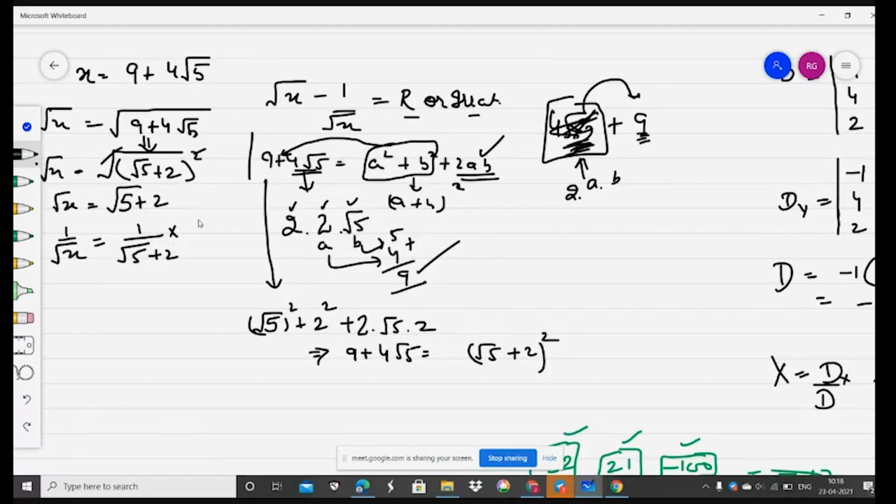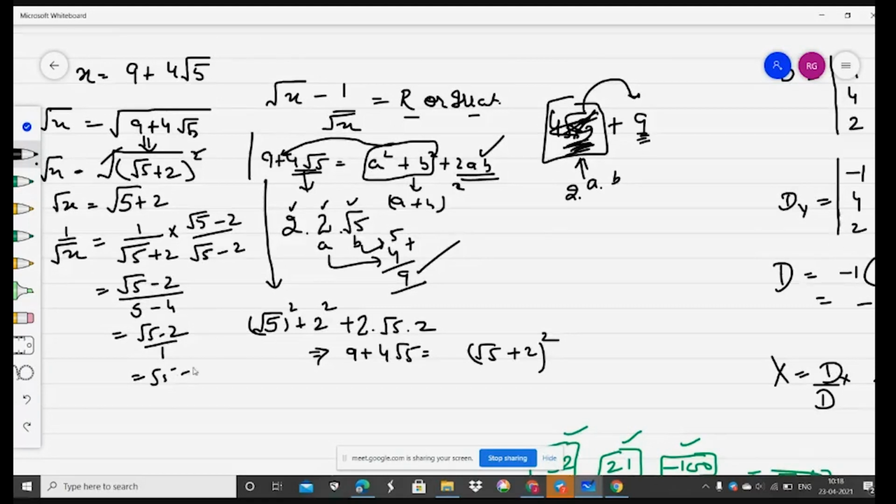But we need to rationalize it. While rationalizing, we'll multiply by the opposite sign. Class 9 concept only we are using here. Now the denominator is root 5 square minus 2 square, that is 5 minus 4, which is 1. So this is equal to root 5 minus 2 only, because it is divided by 1.